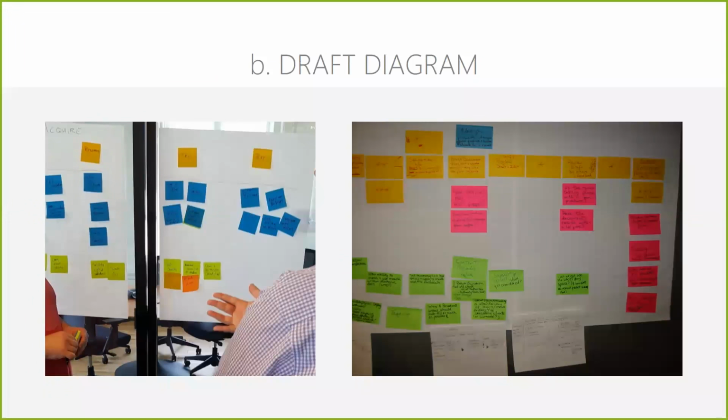But you can also then create a draft version of your diagram, and you can do this together as a team. So in a half-day workshop, you can talk about the stories that you've heard in the field, the experiences that you've gathered, and engage a team of people to map out and create an initial model of the experience. And again, it can be low fidelity.